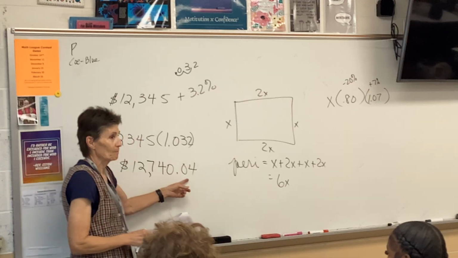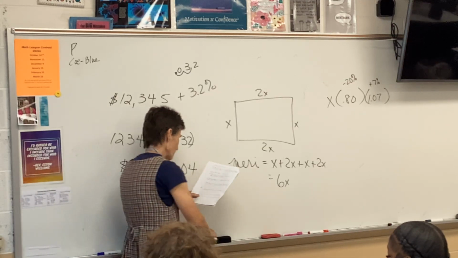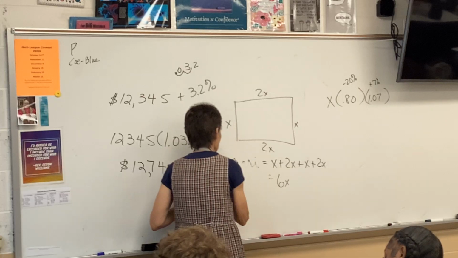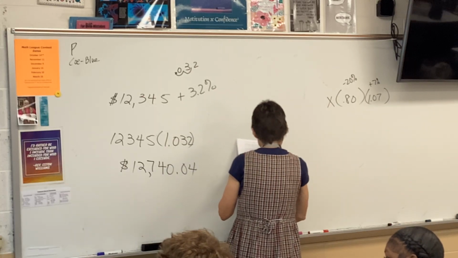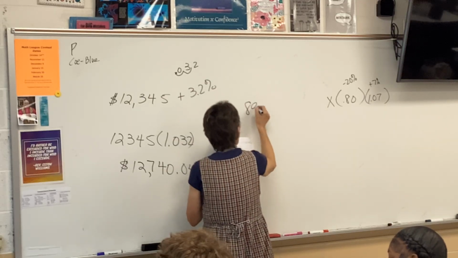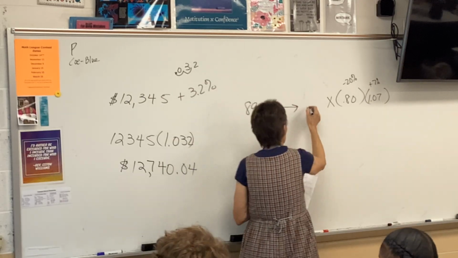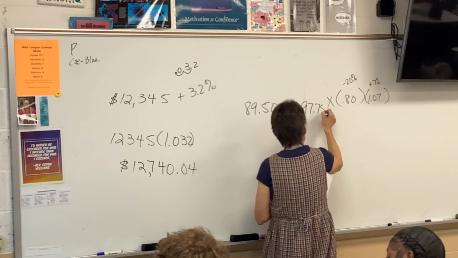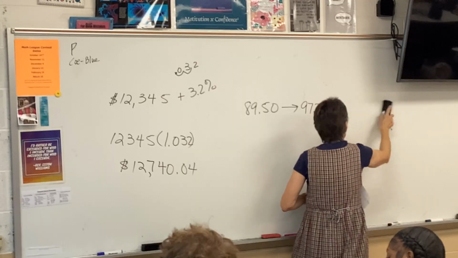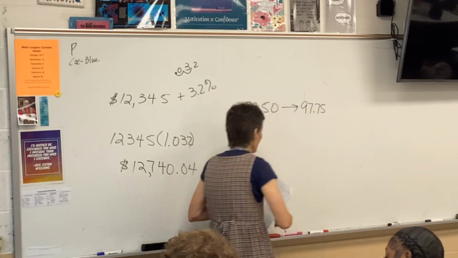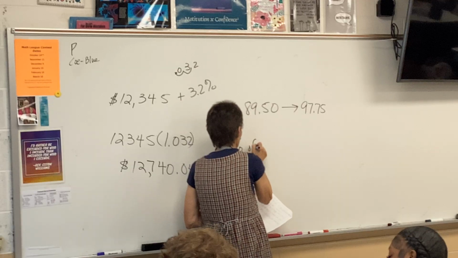Okay. All right, last year, a pre-cal book cost $89.50. This year, it costs $97.75. Ooh, that went up a little. Inflation. We want to find the percent of increase.